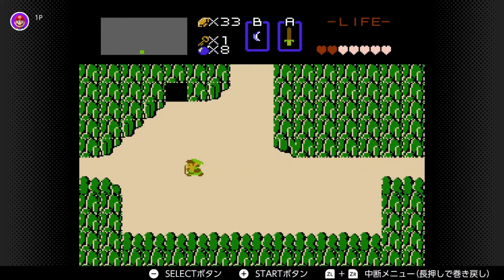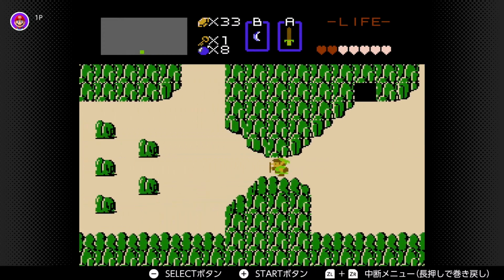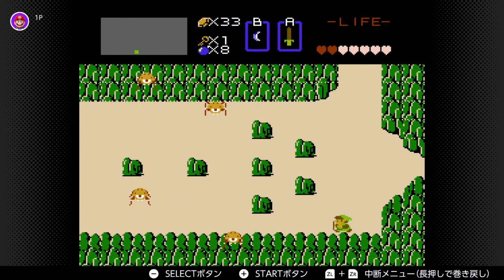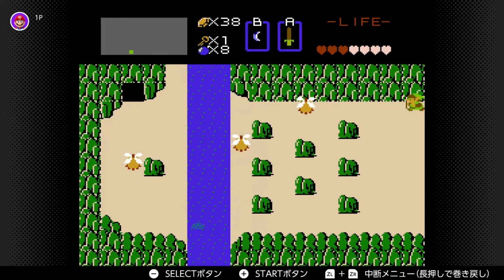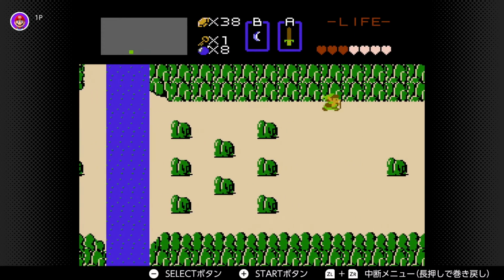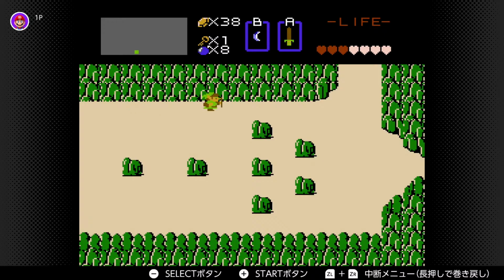And here we are. But this time we're going to the left. Okay. Yes, some hearts and also rupees. There's a river there that we can cross, so we actually go up.